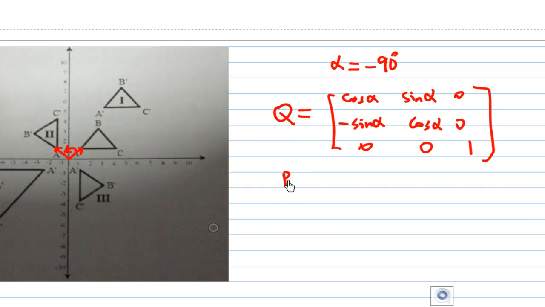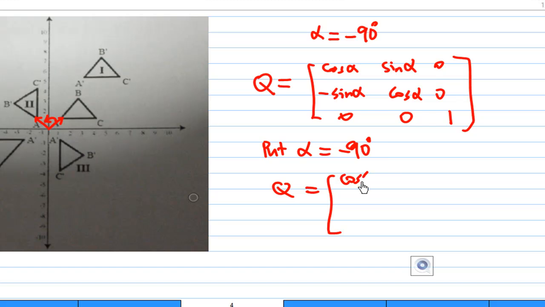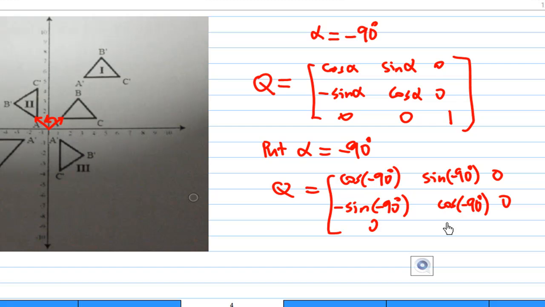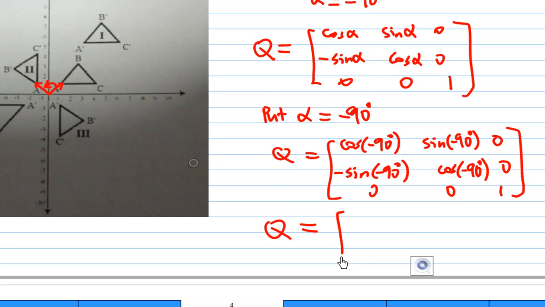Put alpha equal to minus 90 degrees, then you get Q equal to cosine minus 90 degrees, sine minus 90 degrees, 0, minus sine minus 90 degrees, cosine minus 90 degrees, 0, 0, 0, 1. Now press the calculator, you know cosine minus 90 is 0, sine minus 90 is minus 1, negative of sine minus 90 is 1, cosine minus 90 is 0, and this will give you the matrix Q.